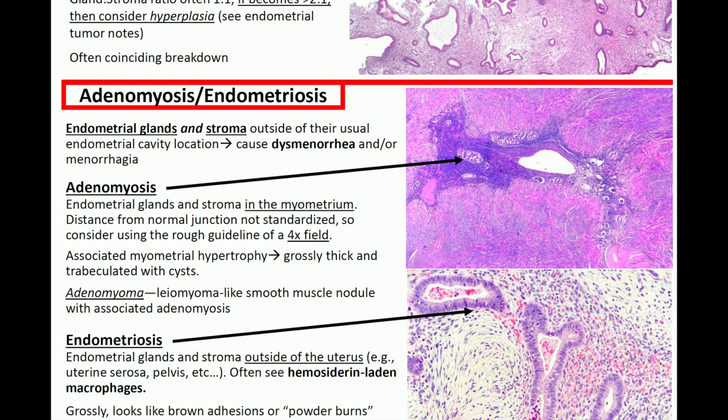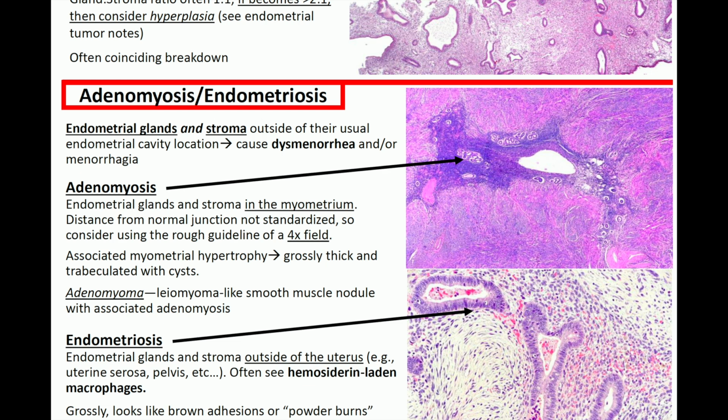Adenomyosis is when you have endometrial glands and stroma in the myometrium, and the distance from the normal junction is not standardized. So as a rough guideline, you can use a low power 4x field. If you put your scope on the edge and you have a 4x field and you're still seeing those endometrial glands further into that myometrium, then that's probably okay to call adenomyosis.